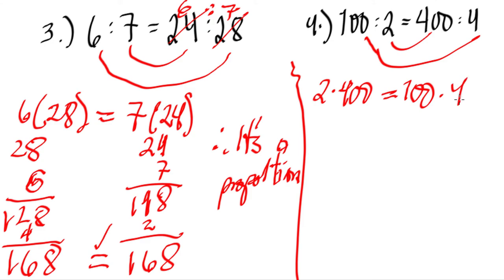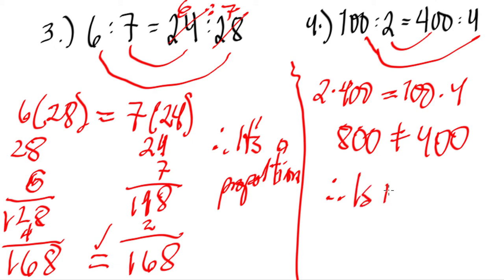I think the answer is very obvious here. 2 times 4 is 8, just carry the 2 zeros. 100 times 4 is 400. So clearly, 800 is unequal to 400. So therefore, number 4 is not a proportion.